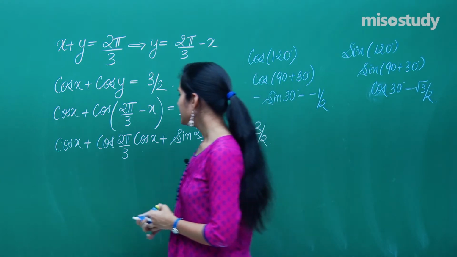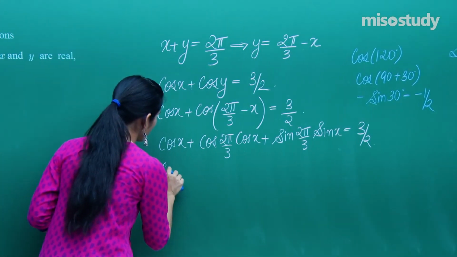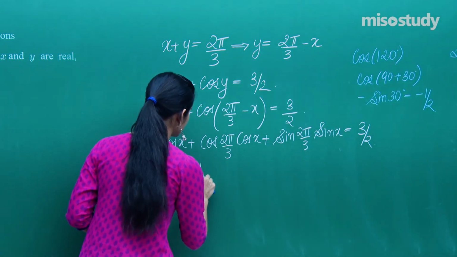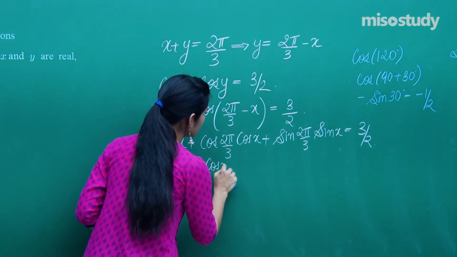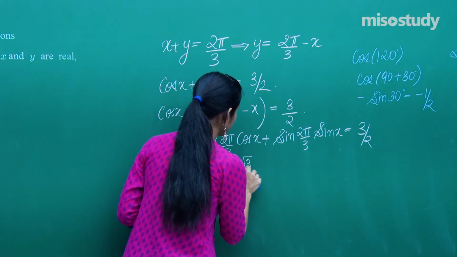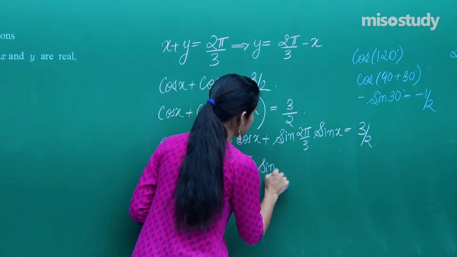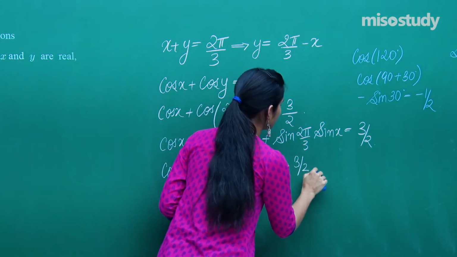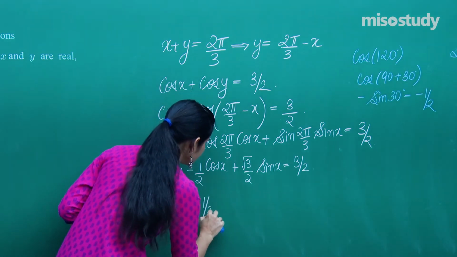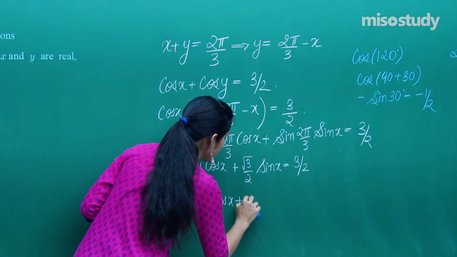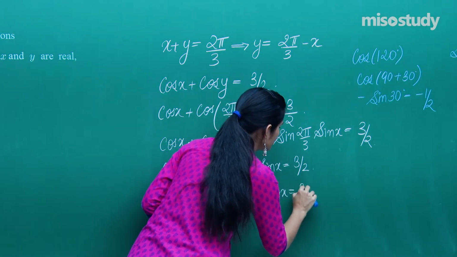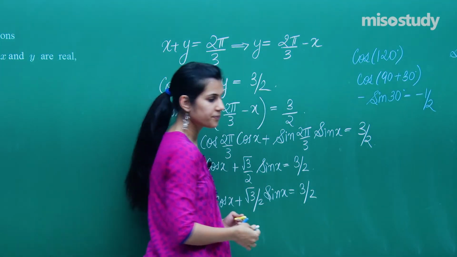And so what will be the expression? You have cos x, cos 2 pi by 3 is minus 1 by 2. So this is minus 1 by 2 cos x. Sin 2 pi by 3 is root 3 by 2 plus root 3 by 2 sin x equals 3 by 2. Cos x minus half cos x is half cos x plus root 3 by 2 sin x equals 3 by 2.